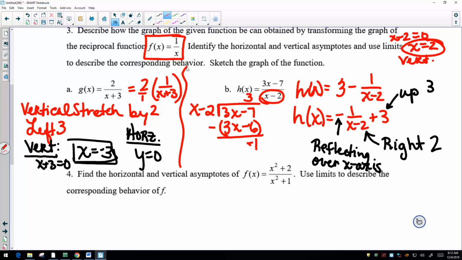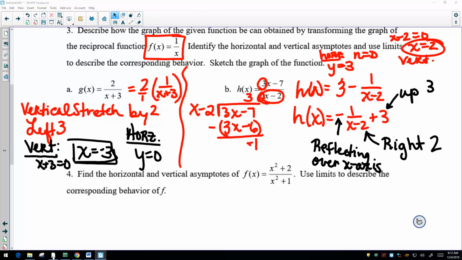And now your horizontal asymptote, the degrees are equal. So the numerator is equal to the denominator. So we said when that happens, it would be the ratio of the coefficients. So the ratio, I have a 3 on top, a 1 on the bottom, and if I were to write that, I could see that would give me an asymptote of 3.